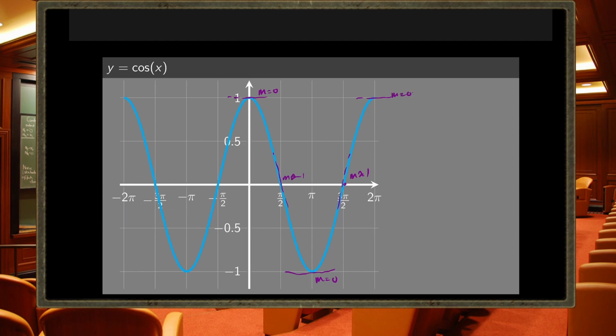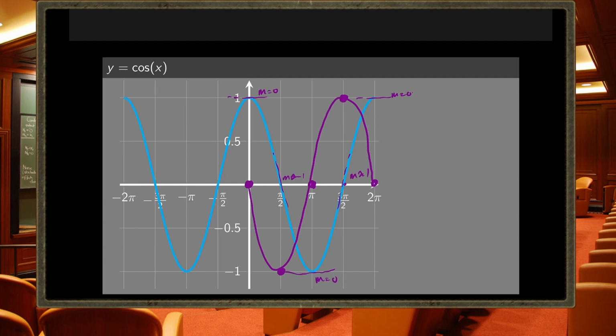So what does this look like? Well, slope is 0, slope is -1 here. Slope is 0 here. Slope is 1 here, and then back to 0. So it's doing something like this.